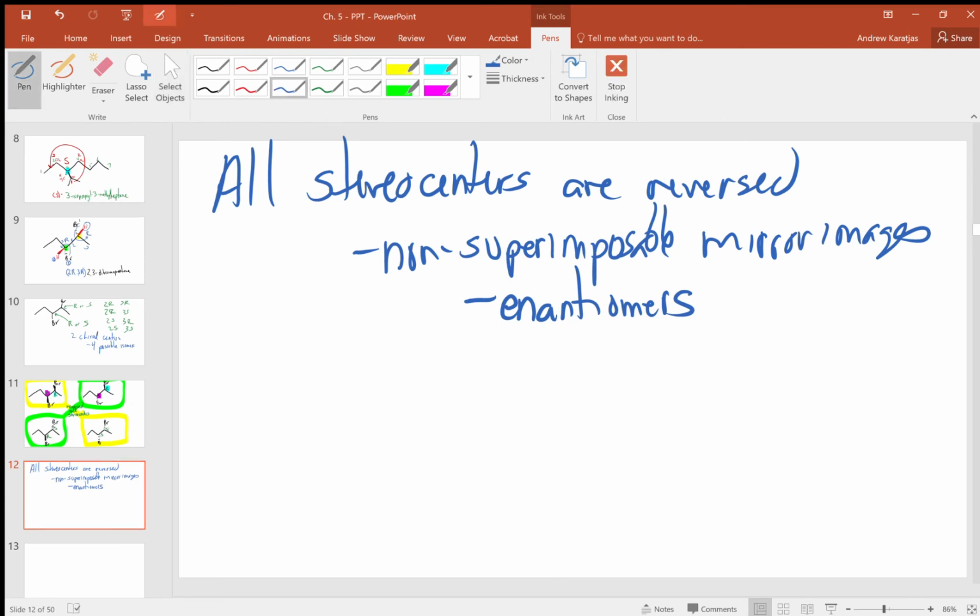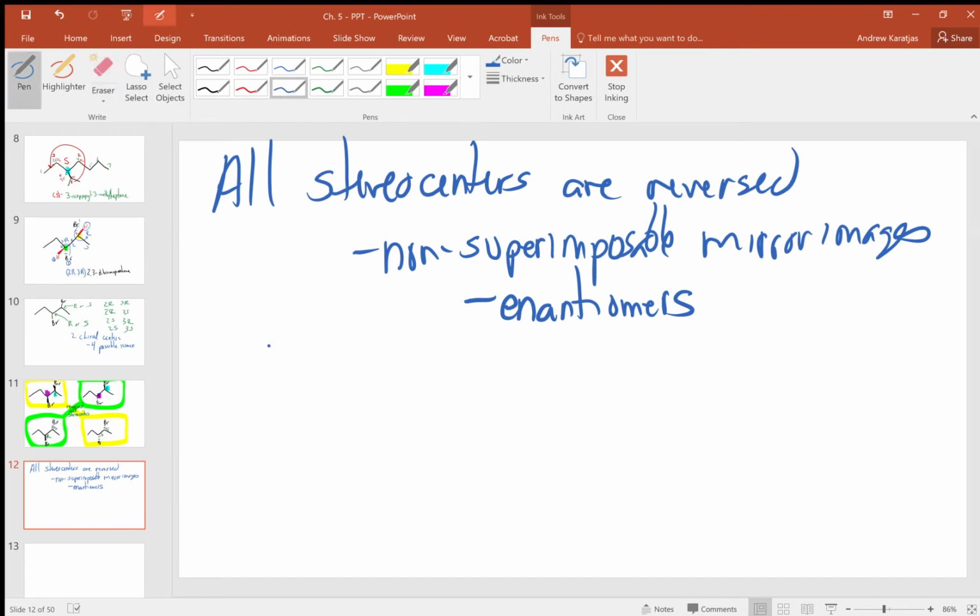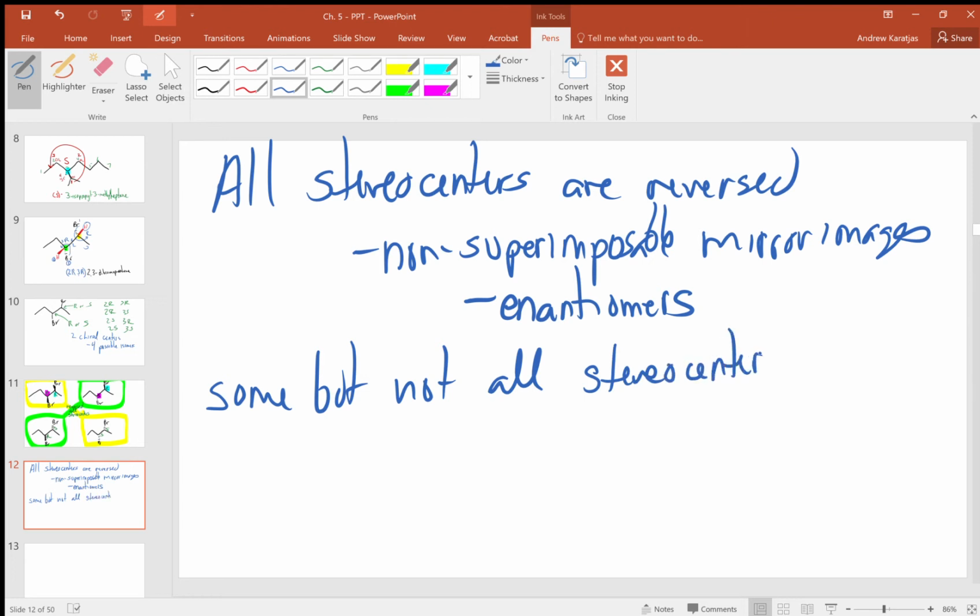So let's state that in a different way: some, but not all, stereocenters. And stereocenters is just another word for chiral centers, carbons that have 4 different substituents. Some, but not all stereocenters are reversed.